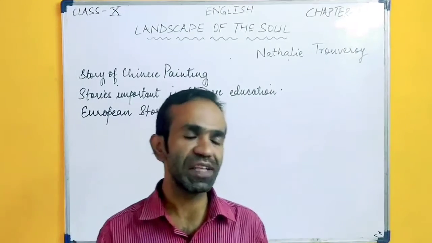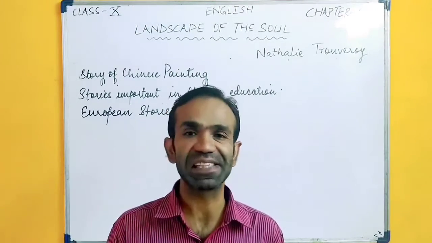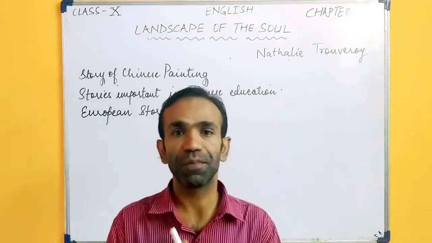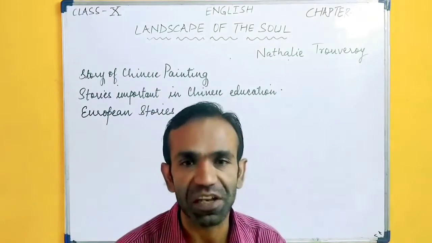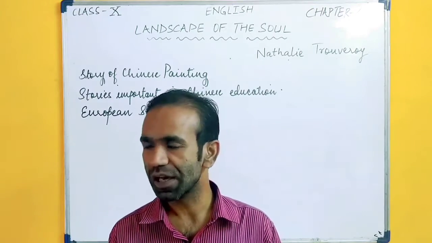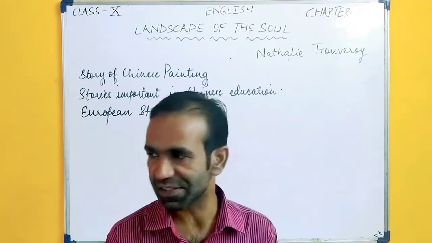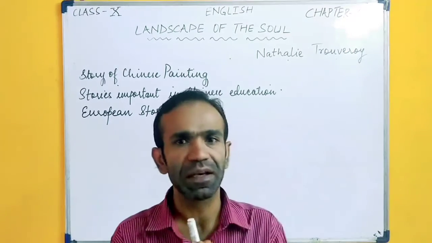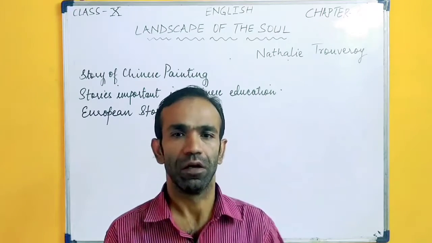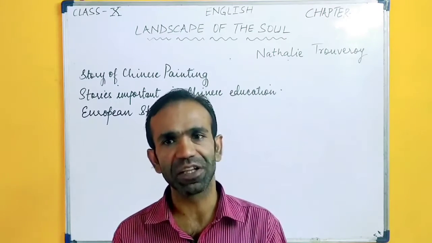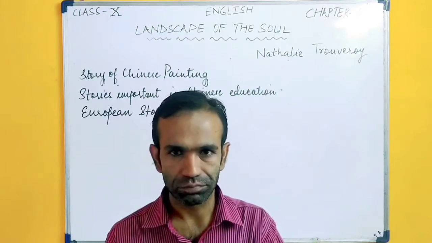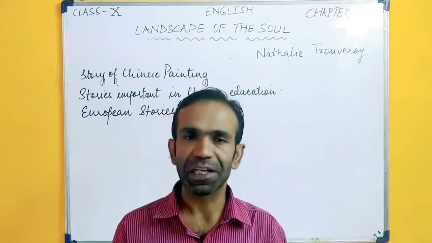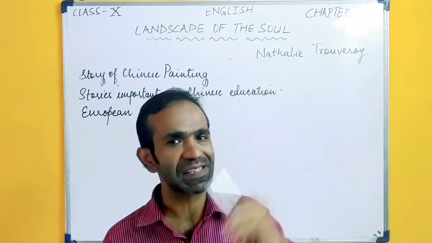Now, this European story is about Quentin Metsys. This story explains the European appreciation of perfection or perfect imitation of any art. Metsys was actually a blacksmith who loved a painter's daughter, but as he was a blacksmith, the painter was not ready to accept him as his son-in-law.